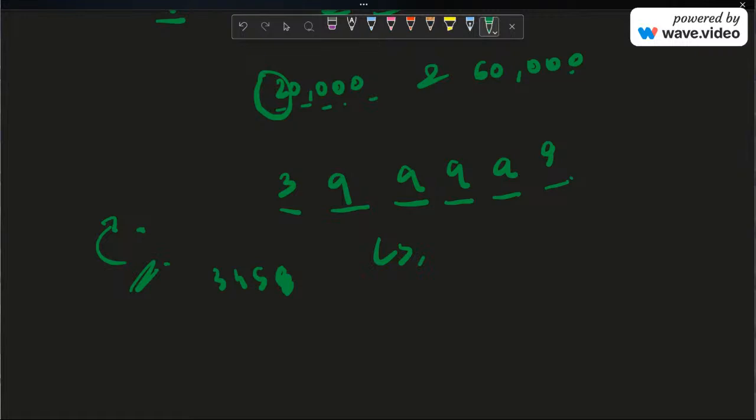Okay, so minus 1 by half. 3 to the power 2, 4, 6, 8, 10, 11 minus 1. 3 to the power 11 minus 1.